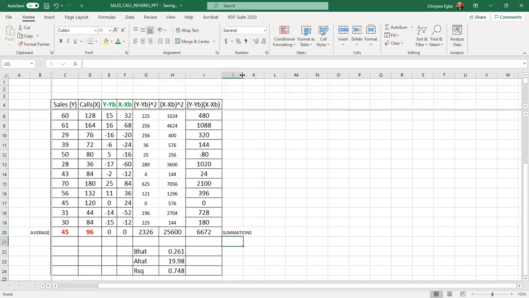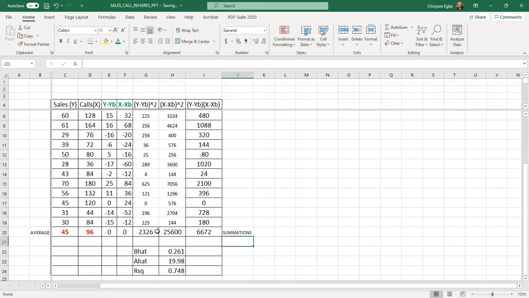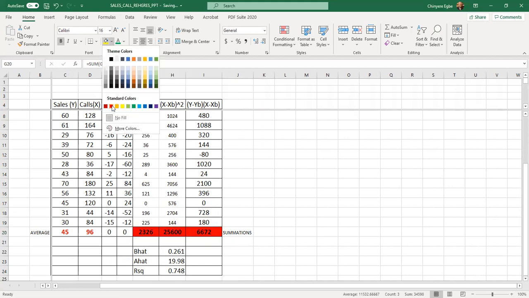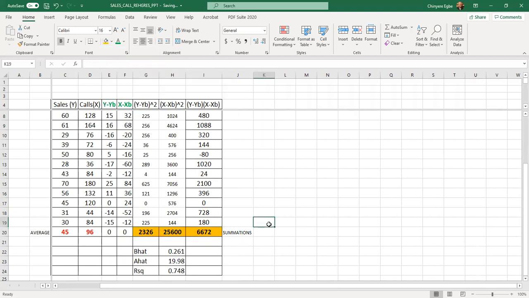These are the summations, and I'm going to highlight that in red. Highlight in a different color. So you take the sums.